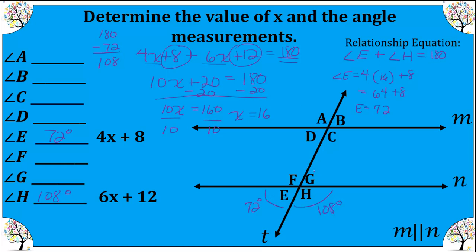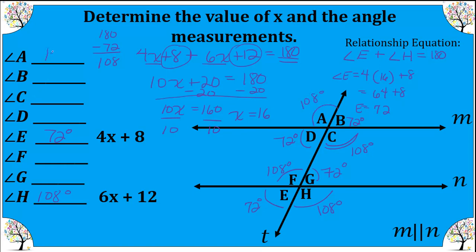Okay, so E and G are vertical. G and D are alternate interior. D and B are vertical. Then we have 108. H and C are corresponding. We see that H and F are vertical. H and A are alternate exterior.